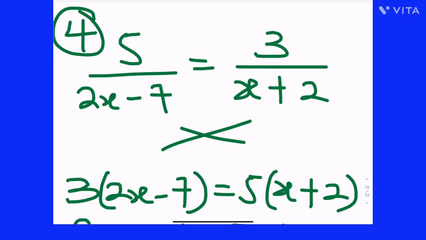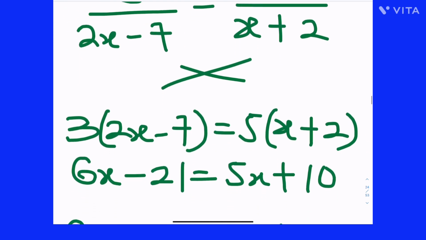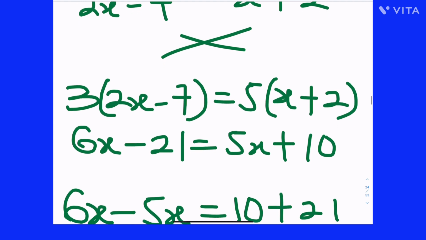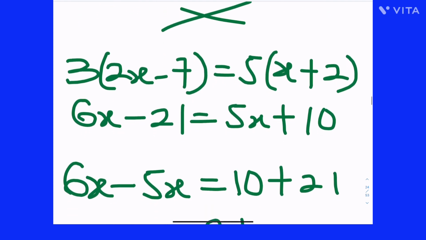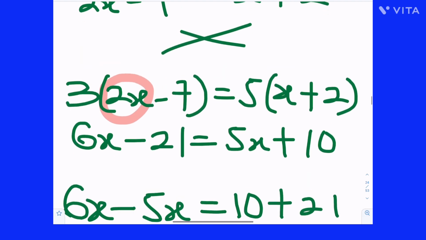Number 4, I mean. Cross multiply, you get 5 times x plus 2 is equal to 3 times 2x minus 7. You can do any one you like first. So 6x minus 21 is equal to 5x plus 10. 3 here times 2x. In expanding the bracket, 3 times 2x is what? 6x.